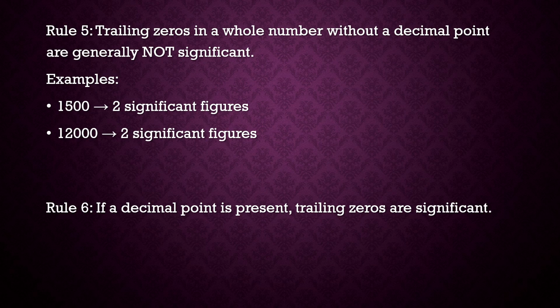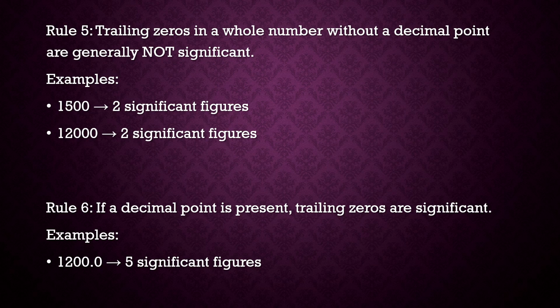Read this rule once or twice, then you will understand what is happening here. Rule 6: if a decimal point is present, trailing zeros are significant. If there is a decimal point and the zeros are on the right side, that confirms they are significant.